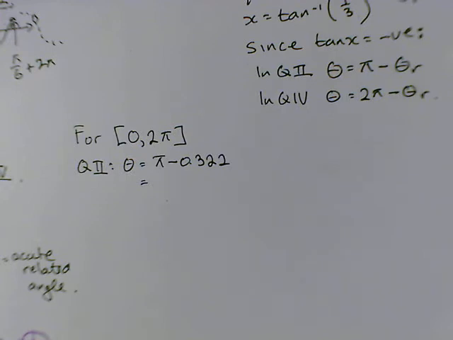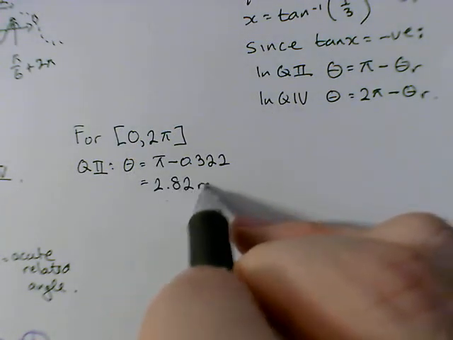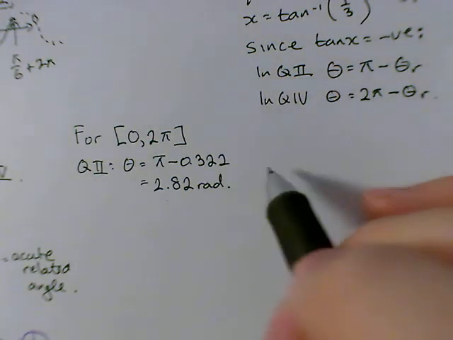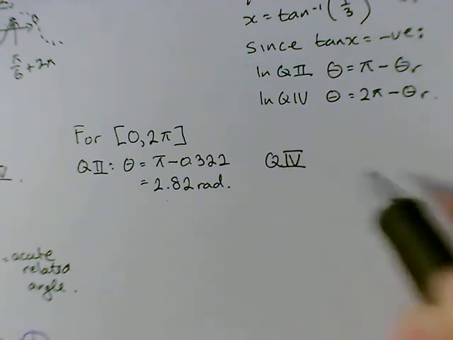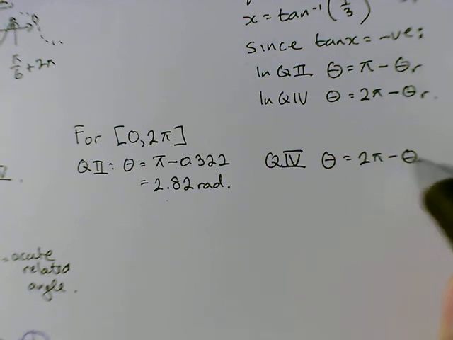Pi minus 0.322. I got 2.82 radians, rounded. Follow along with me and see if you can calculate that as well. In quadrant 4, my angle is 2 pi minus 0.322.